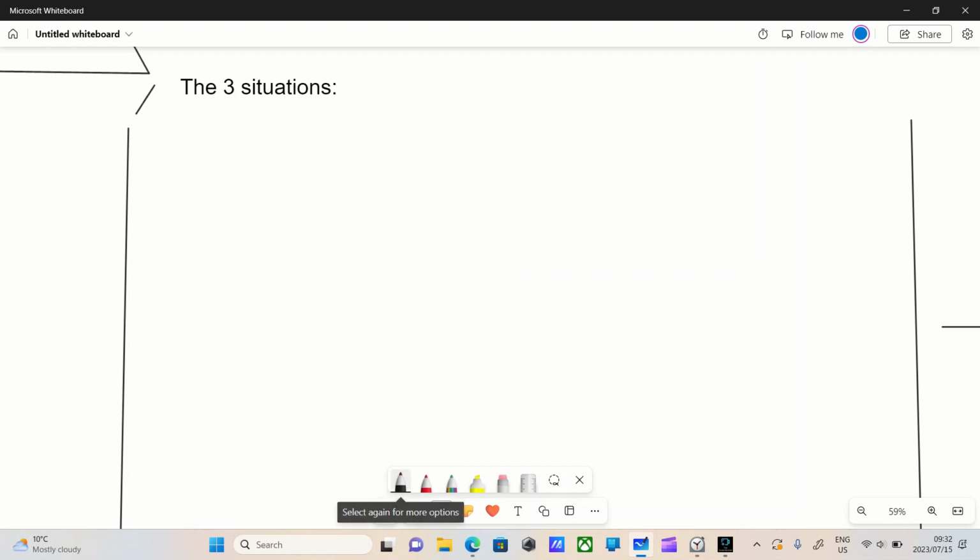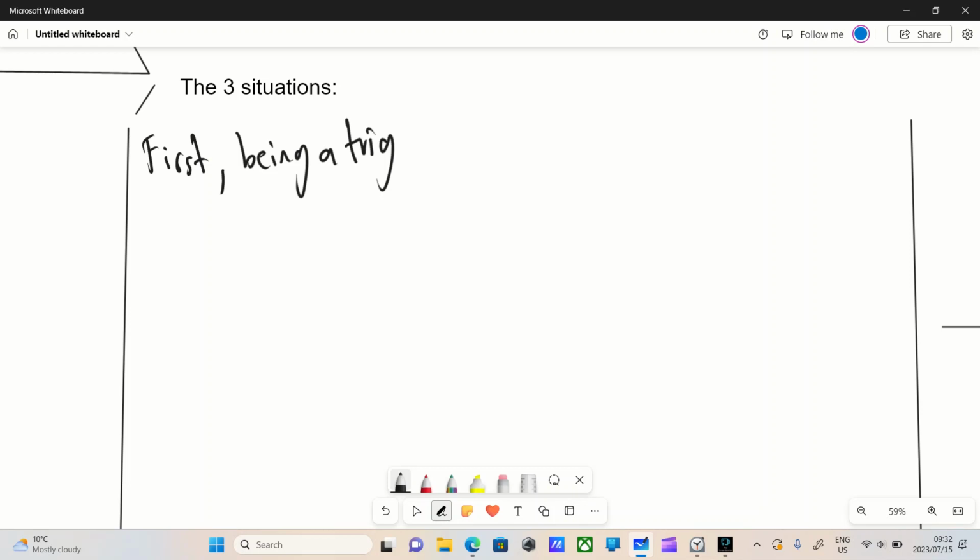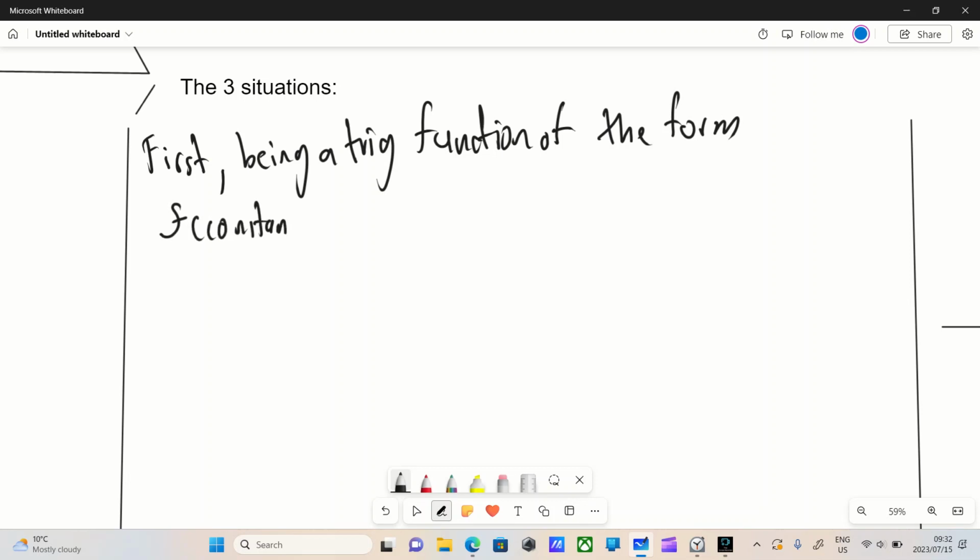First situation, being a trig function of the form f of a constant, where f is any trig function.